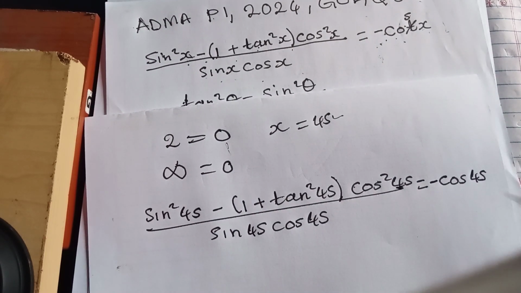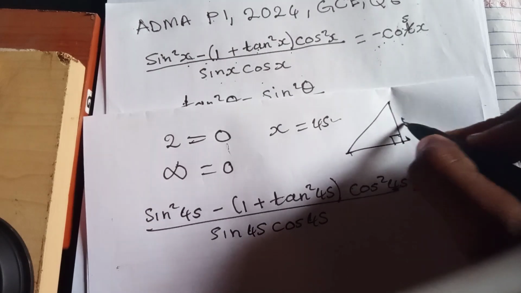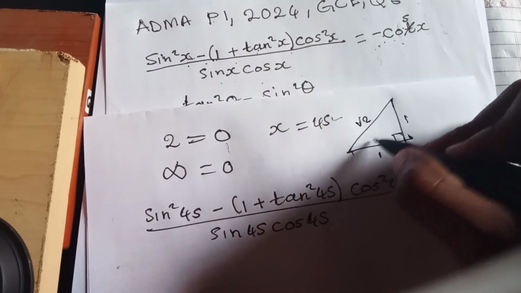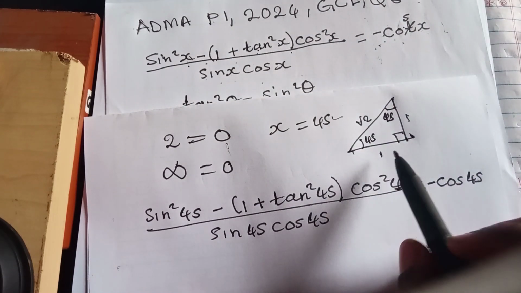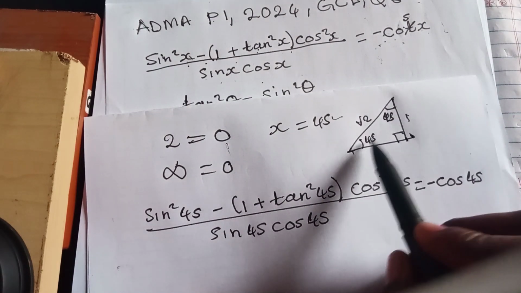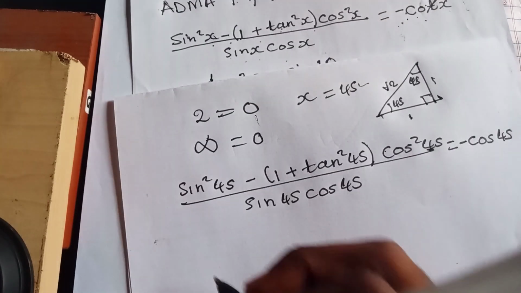So now from this triangle here, we know that both sin 45 and cos 45 are equal to 1 over root 2.